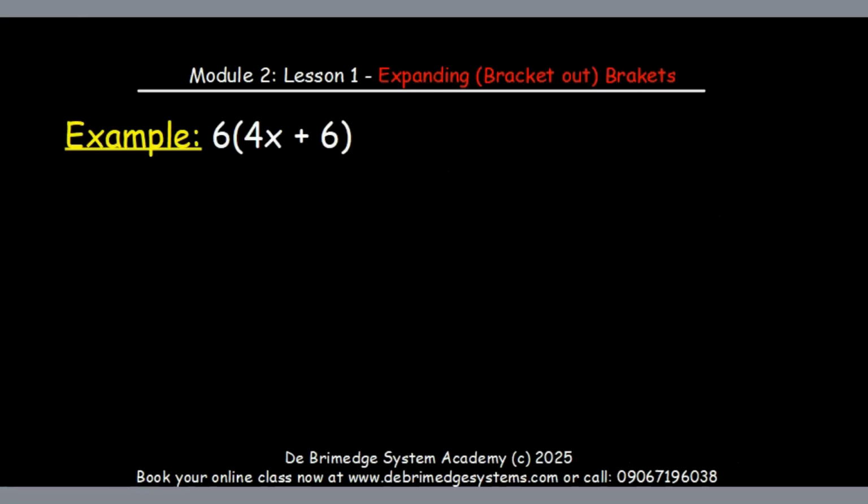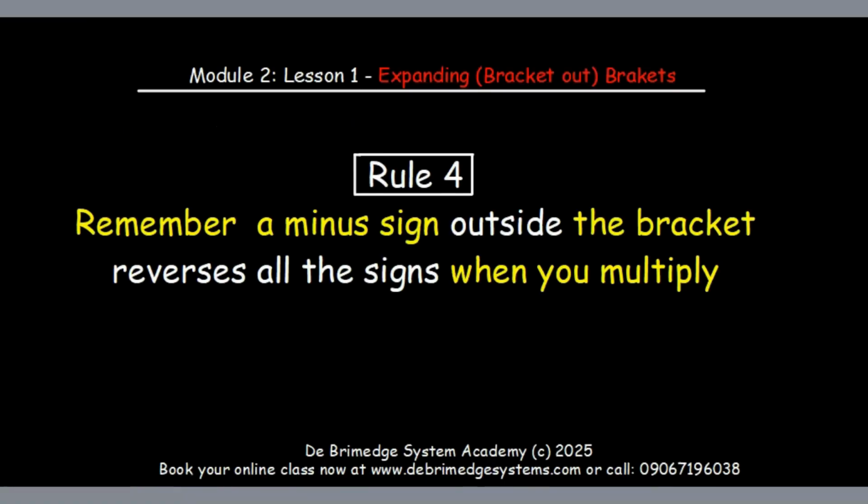By this, we mean if I have minus 3 bracket k plus 4. Remember that the sign for the k is a positive sign. So what this means is that once a minus sign multiplies anything inside, the sign reverses.